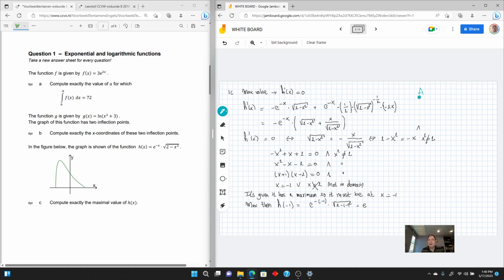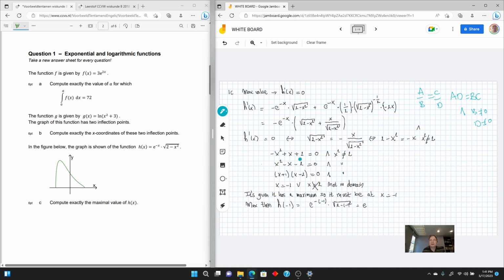Something like if A by B is C divided by D, that means that AD is equal to BC, but both B and D cannot be equal to 0. So B is not equal to 0, D is not equal to 0, and again, that is something we need to keep on checking as we go.